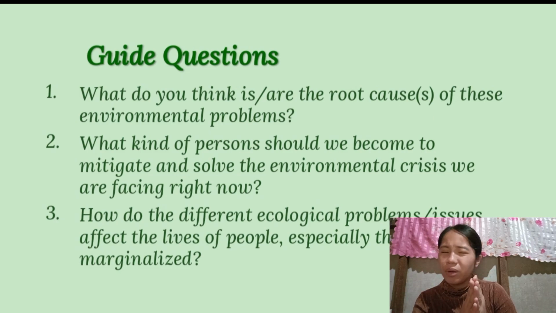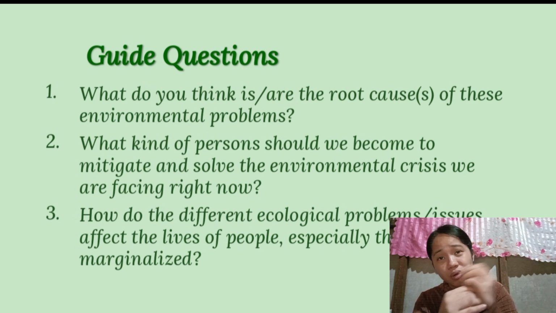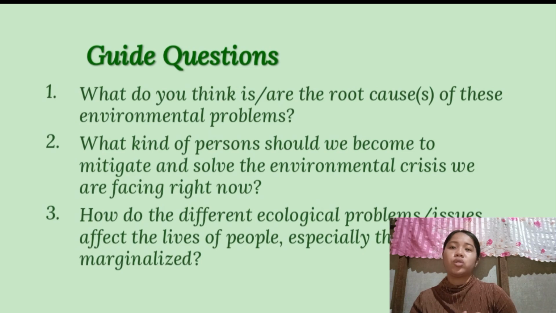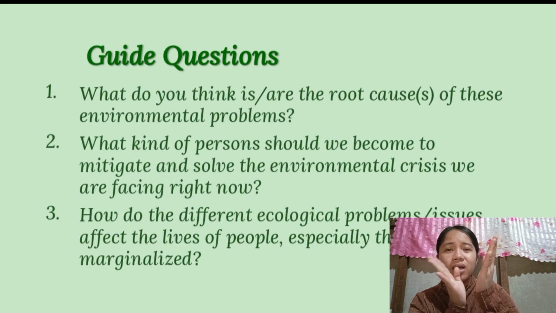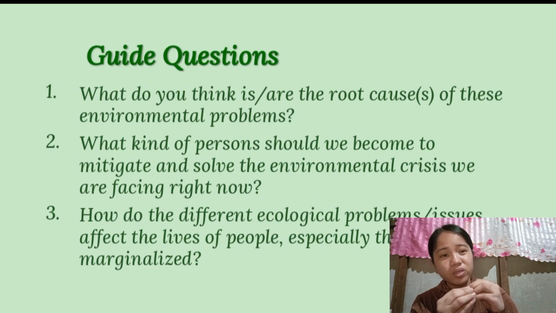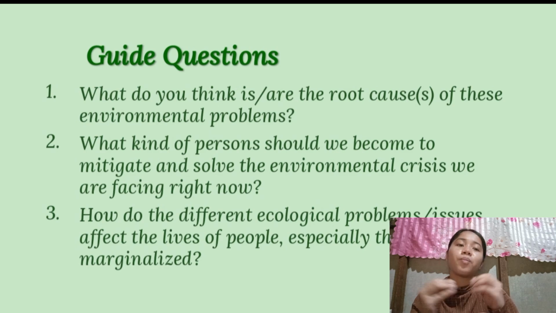The poor are the ones who reap the consequences first, directly affected, so it is pitiful. For example, flood control. Flooding happens because trash blocks the canals, the garbage that blocks the drainage, right? So the flow of water is stopped. To solve it, people must learn how to do proper waste disposal.